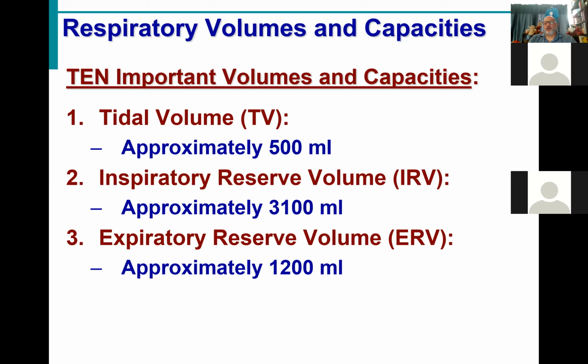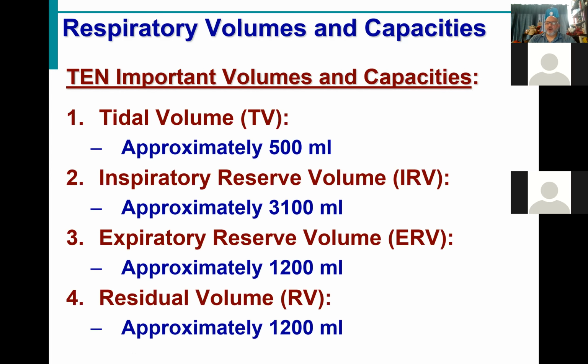Our expiratory reserve volume, how much air we have in our lungs that can be moved out beyond what a normal tidal breath would be. And our residual volume, that amount that no matter how hard we try, right, unless you've got one of those steamrollers, you're not going to be able to force that air out of the lungs. So these are our four important volumes.